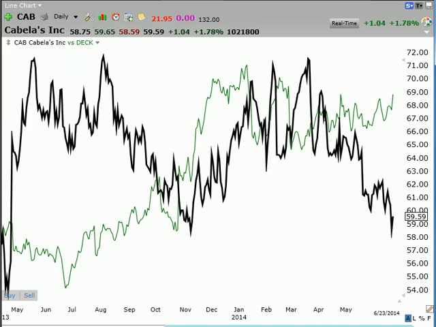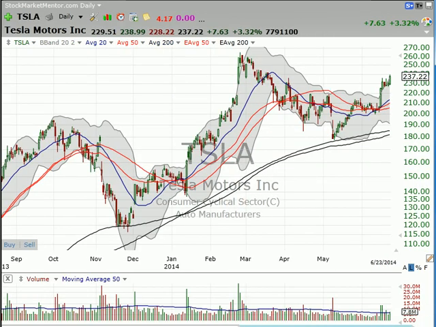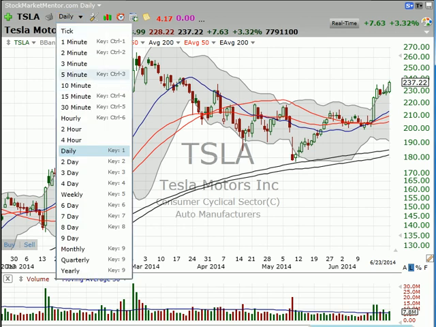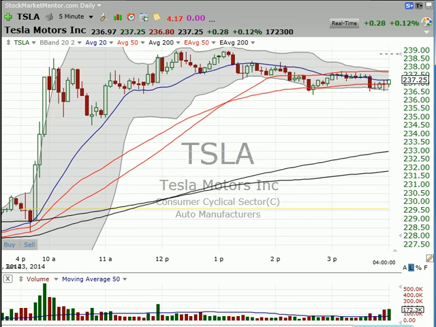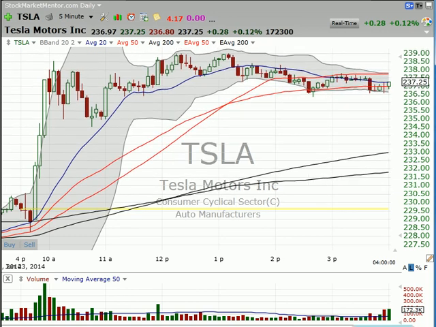Now, let me go back to something that I did today on Tesla. Intraday, this is how I will multitask, basically. I can still be able to trade, and the way I do that is with these intraday alerts.